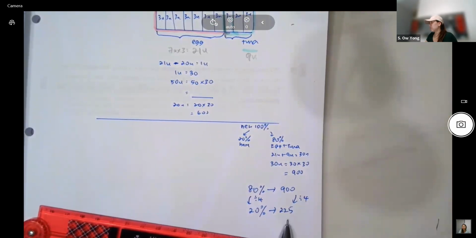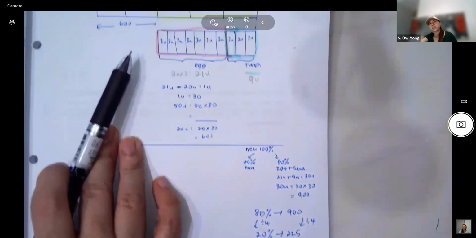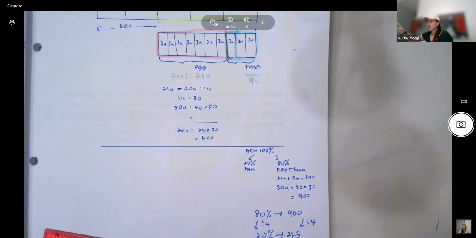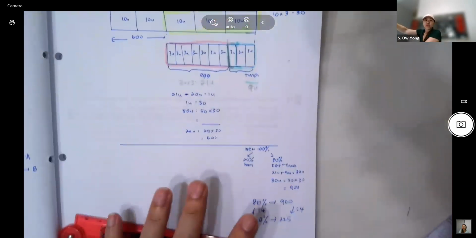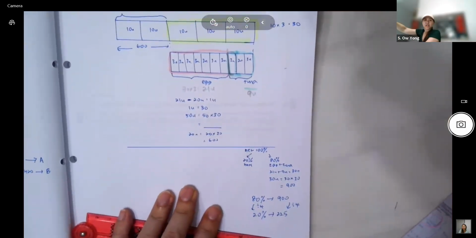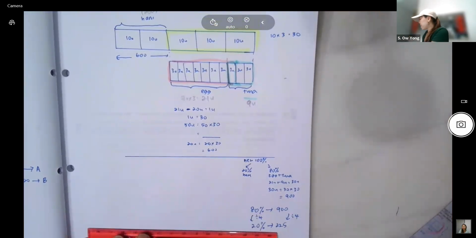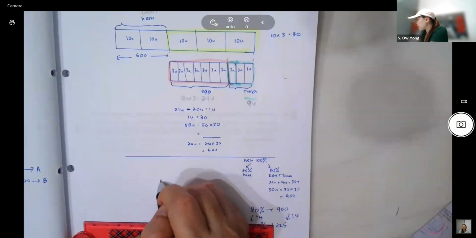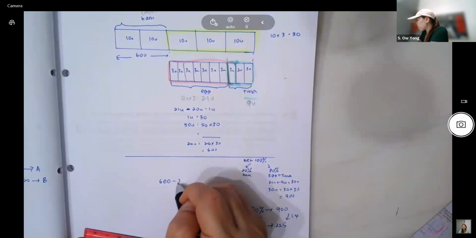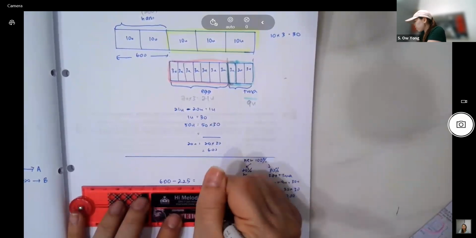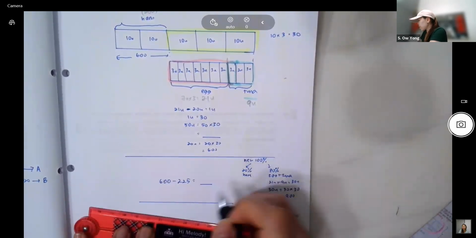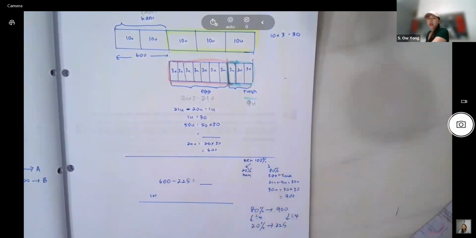Wow. Originally, the ham sandwiches have 600. Now left with 225. So how many ham sandwiches were sold? Yes, you minus, then you get the final answer for part B. That is question 10.